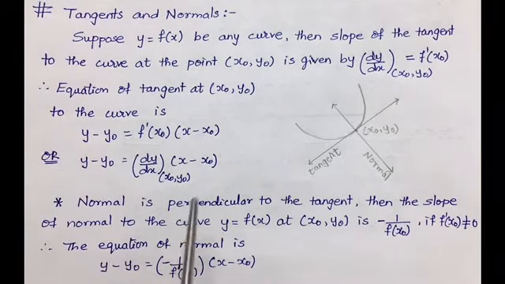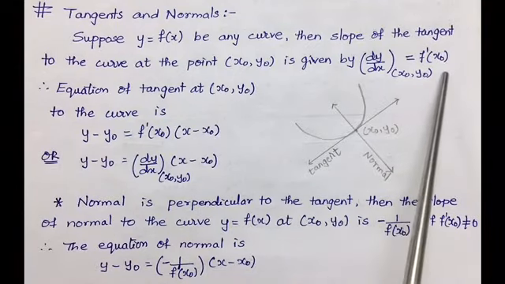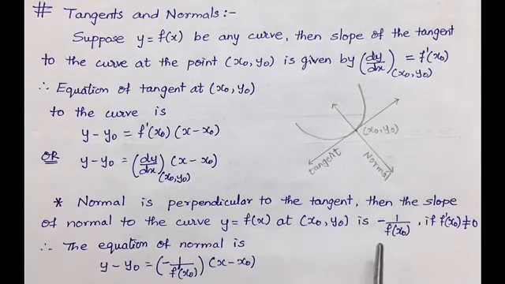Hence if the slope of the tangent is f'(x0), the slope of the normal becomes minus 1 upon f'(x0). So the slope of the normal to the curve y equal to f(x) at (x0, y0) is minus 1 upon f'(x0). Here f'(x0) should not be equal to 0.